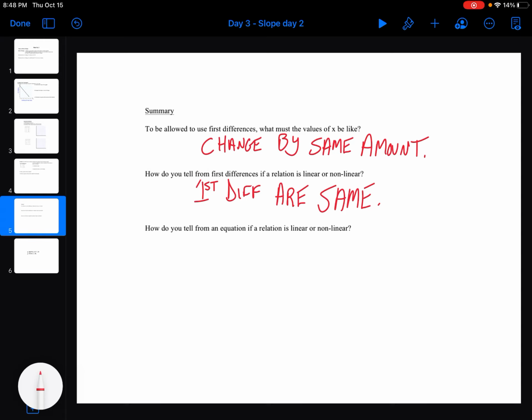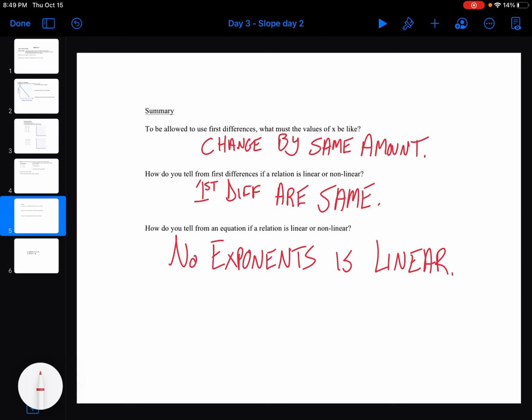How do you tell from an equation if a relationship is linear or nonlinear? Well, a linear equation won't have any exponents. So no exponents is linear.